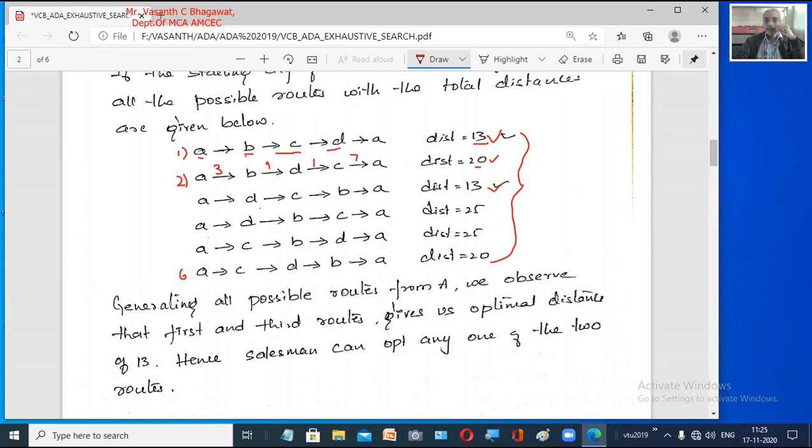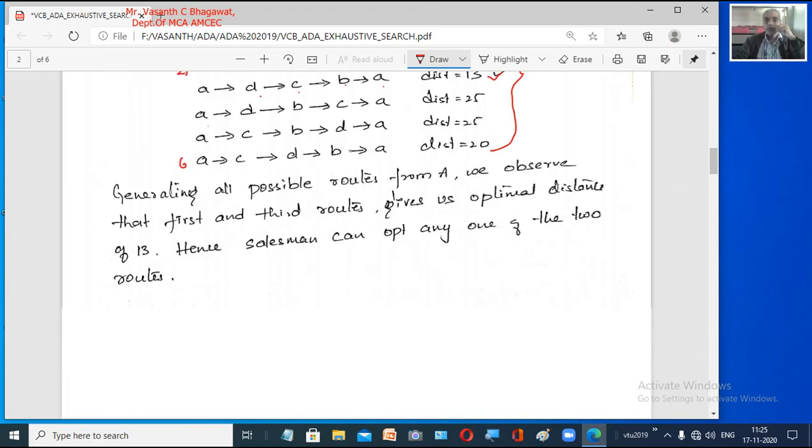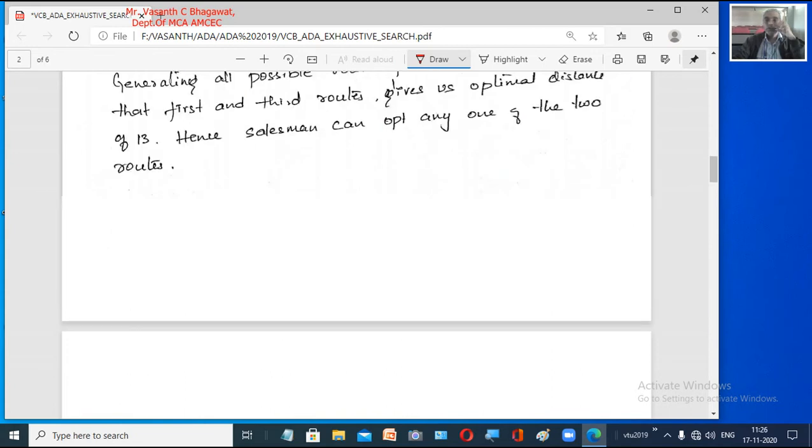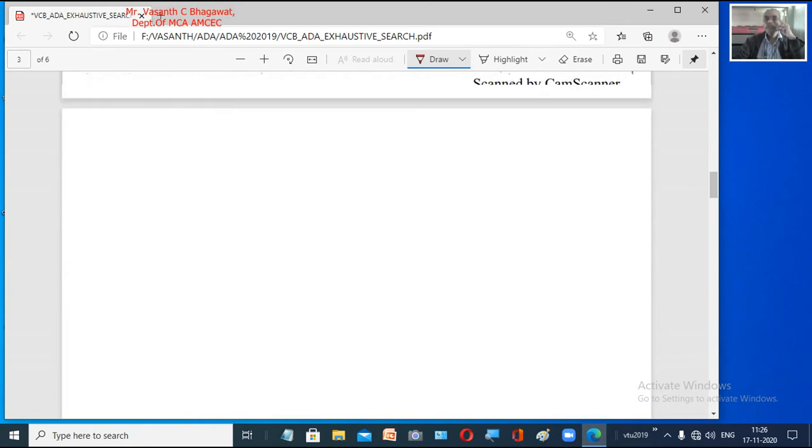Hence we can say the salesman can opt for either of these two routes, which give the less total distance. So those two routes will be the optimal routes for that particular person.